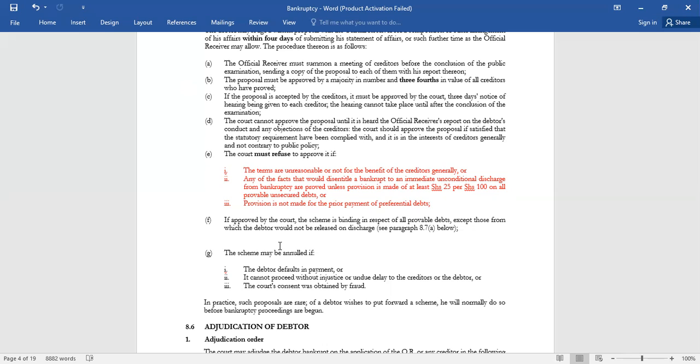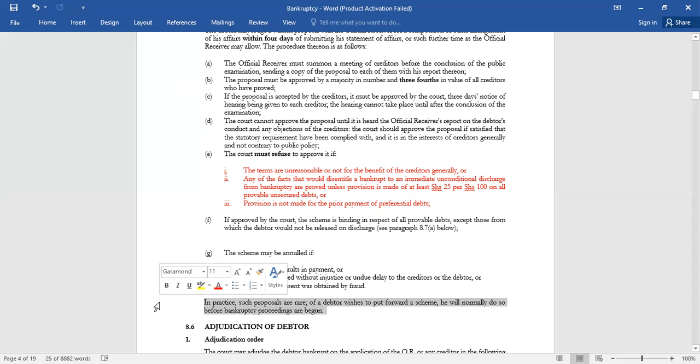And that's why we are getting the official receiver to do the investigation and confirm, is it true that so and so is bankrupt. I was saying that no one will wait until all this is done if they are willing to pay. So in practice, such proposals are so rare of a debtor who wishes to put forward a scheme.